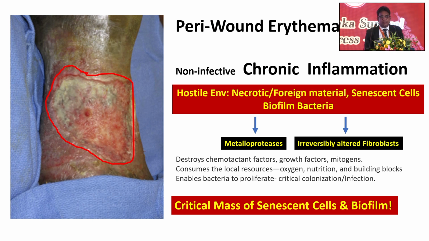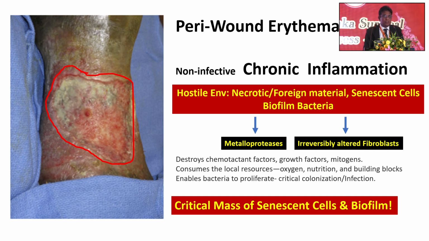So, let me reiterate, the hostile environment from necrotic or foreign material, senescent cells and biofilm bacteria produce the metalloproteinases, and also irreversibly alter the fibroblasts in appearance and function, both. It destroys the chemotactic factors, the growth factors that are very necessary for the proliferative process.